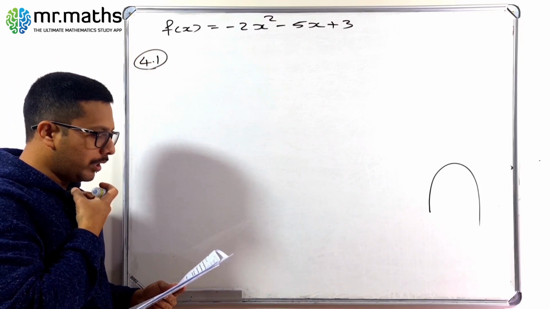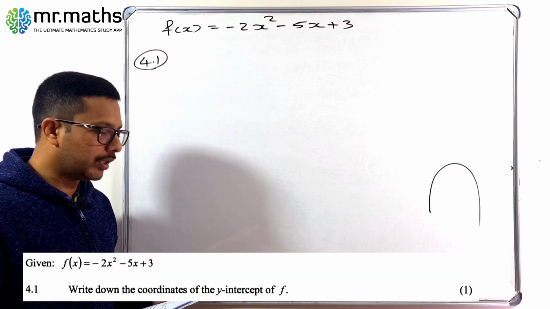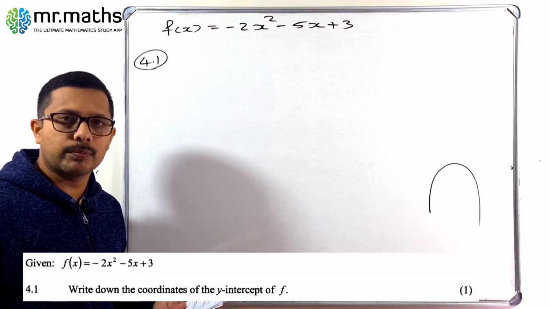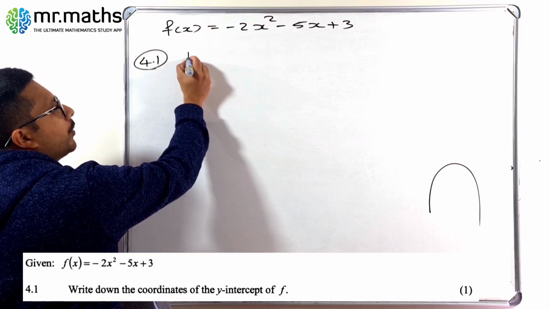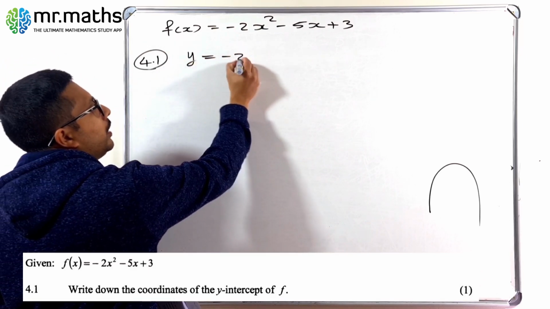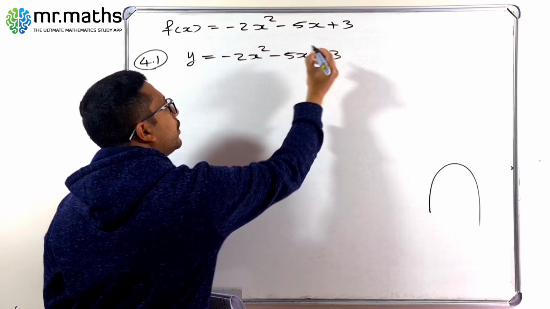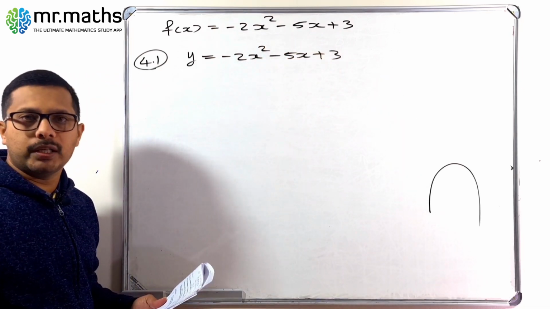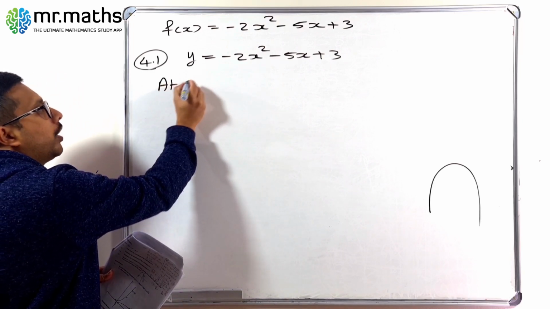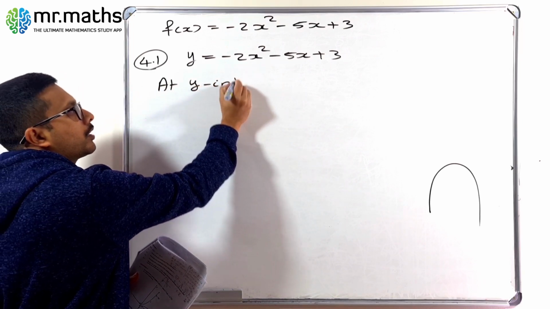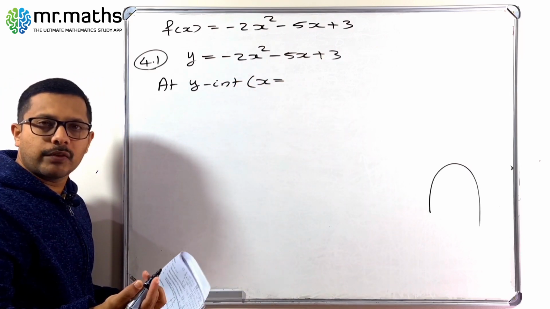Write down the coordinates of the y-intercept of f. You have to find the coordinates of the y-intercept of f. That's a simple question. This f of x is the same as y. Y is equal to minus 2x square minus 5x plus 3. The question is to find the y-intercept. At the y-intercept, what is the value of x?